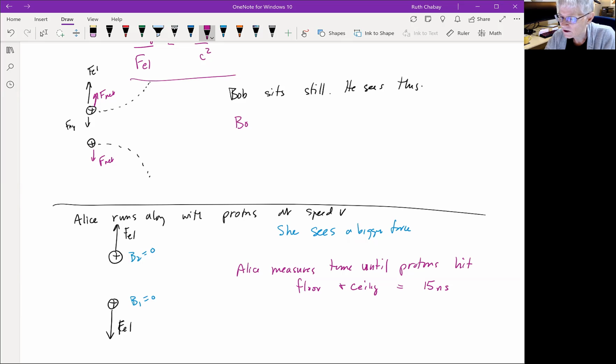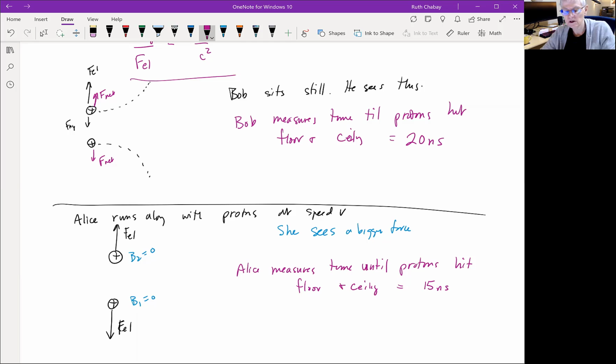And Bob measures the time to the floor and the ceiling, and he gets 20 nanoseconds, because the force was smaller in his reference frame, so they weren't going as fast.